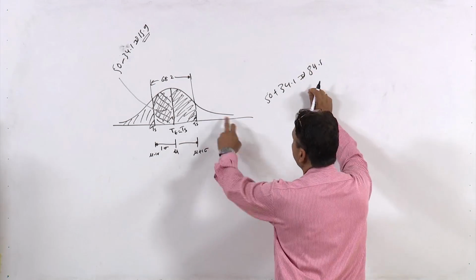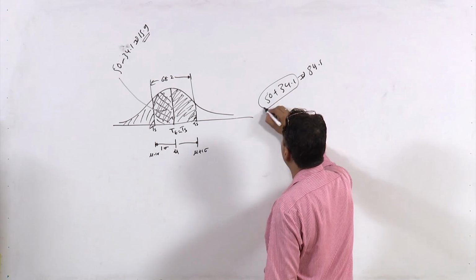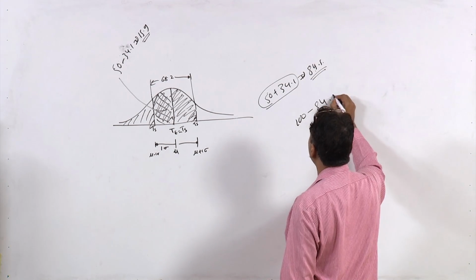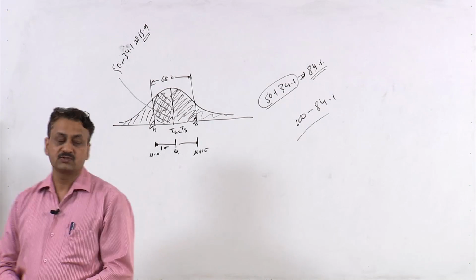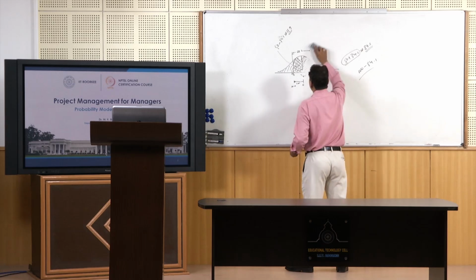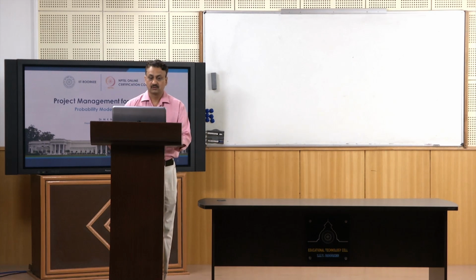And the remaining area is 100 minus 84.1. This is how you should be able to find the area under the curve. So let us move on to one more point.